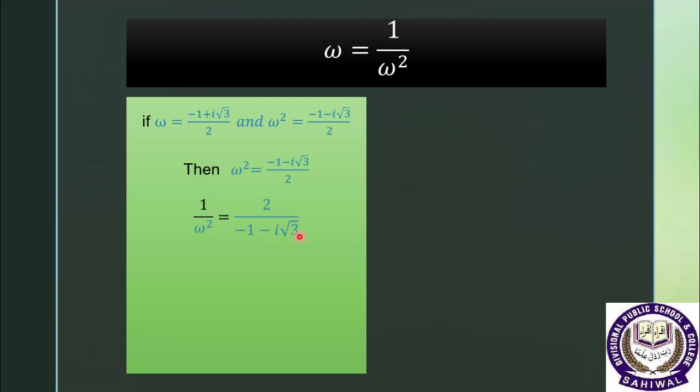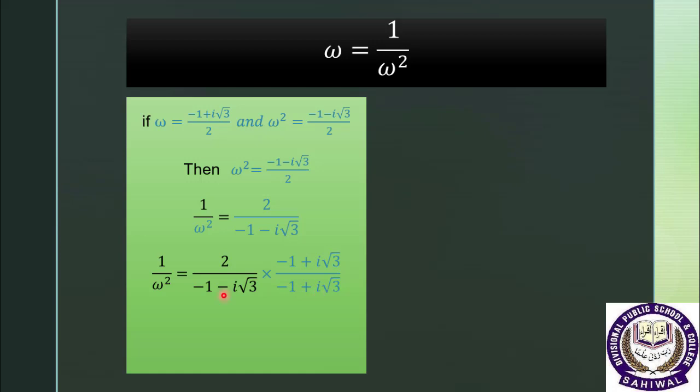Since we know that when i appears in the denominator, we rationalize it. So rationalizing this, we get 1 over omega squared is equal to 2 over (-1 - i√3) multiplied by (-1 + i√3) over (-1 + i√3).